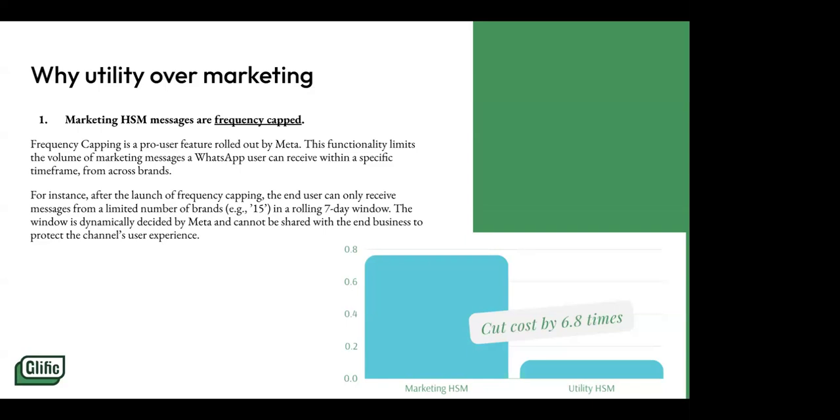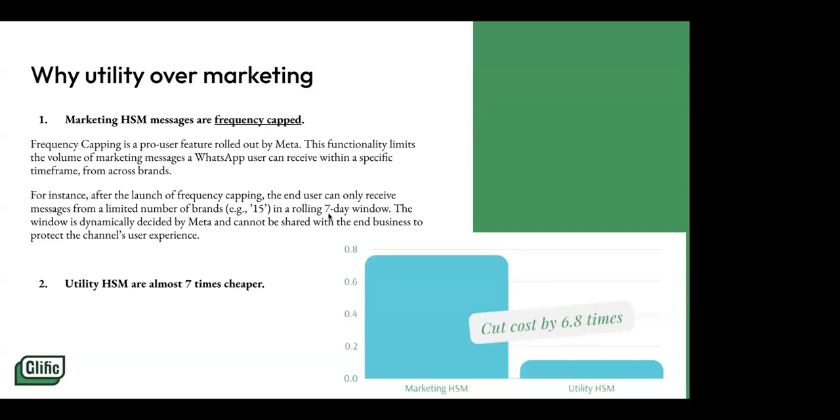Okay. Got it. I know it sounds a little bit like this, but the bottom line that we are trying to drive is, as much as possible, let's try to get templates approved under utility, so that at least that ensures everyone gets the message.